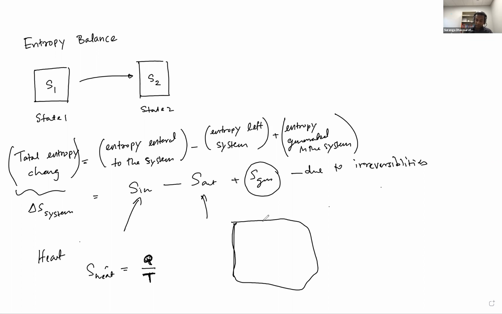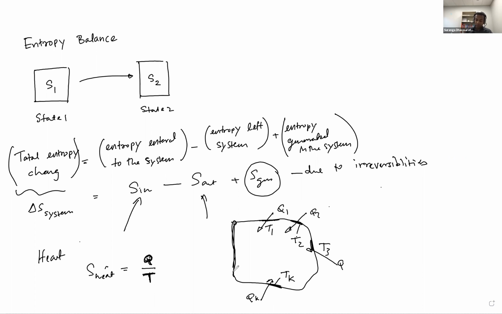At the boundary, we have T1 temperature, here T2, here T3, and some other place Tk. Across this boundary, some amount of heat Q1 is transferred, Q2, Q3, and here Qk amount of heat is transferred.